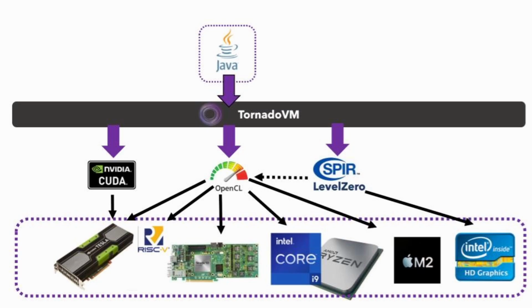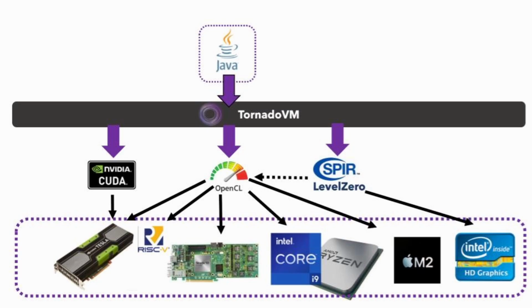OpenCL is a standard and can run on many different devices, including NVIDIA GPUs, but also FPGAs, multi-core CPUs, or even Apple M1 and M2 chips, as well as Intel HD graphics. This is the integrated graphics that resides on the CPU.